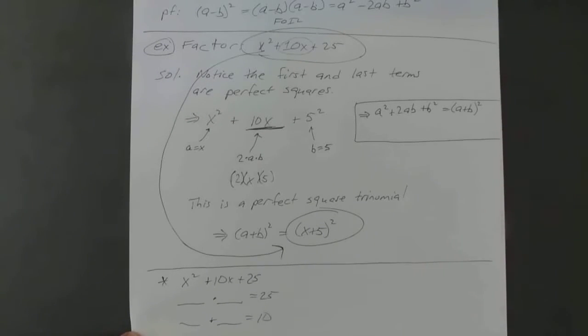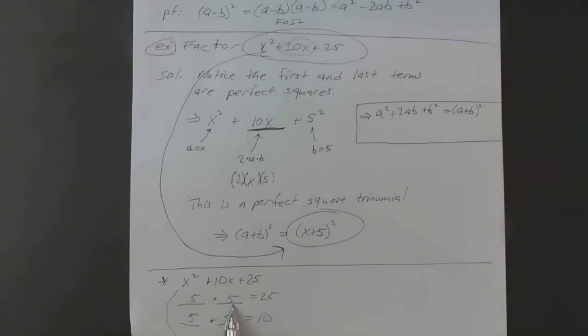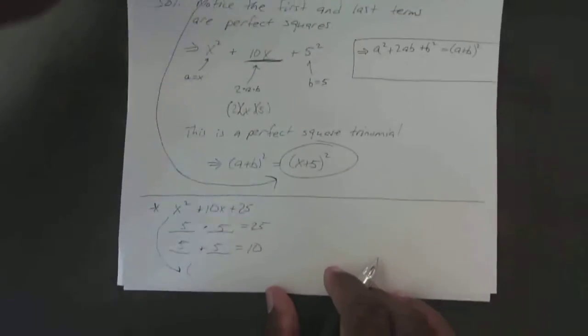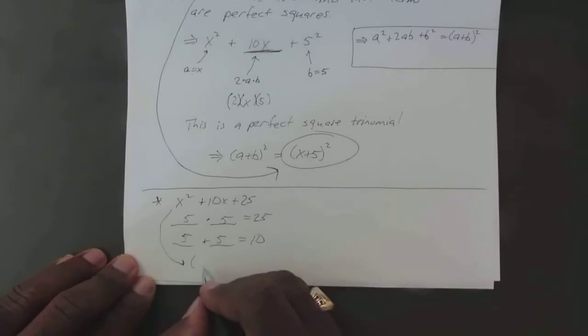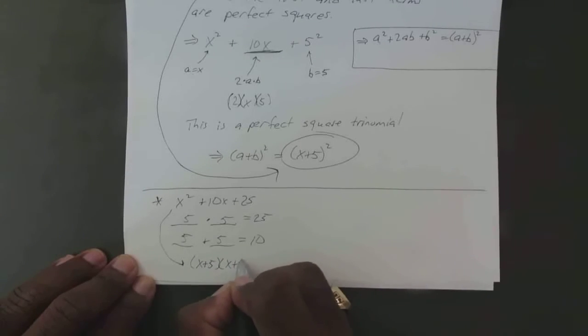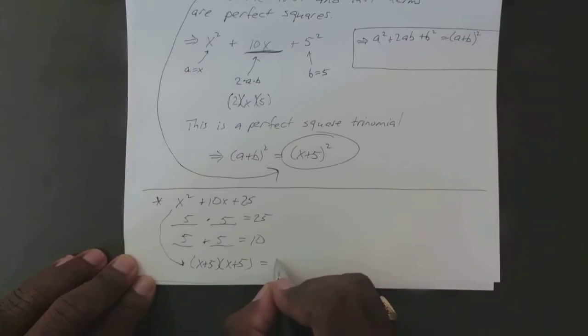Okay. In this case, 5 and 5 would work for both of them. Okay. Which means this would factor into x plus 5 times x plus 5. Which is just x plus 5 squared.